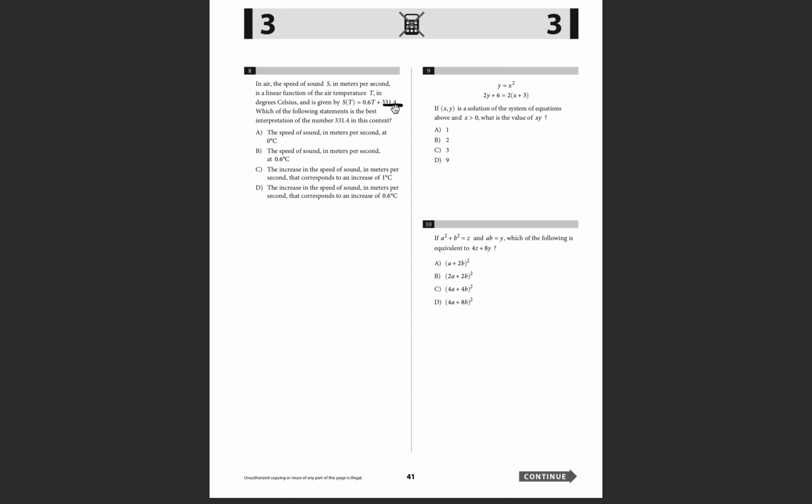Number 9. So it asks for the value of x times y, and x has to be greater than 0.